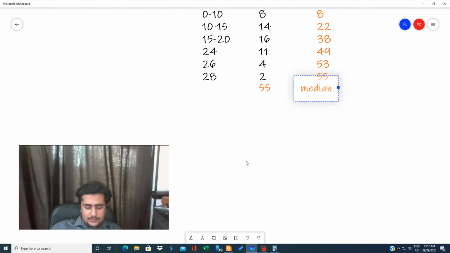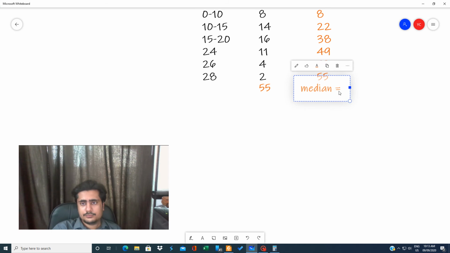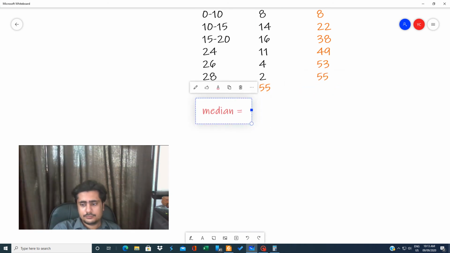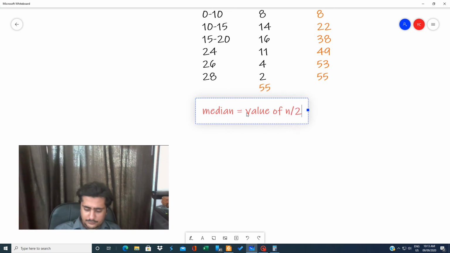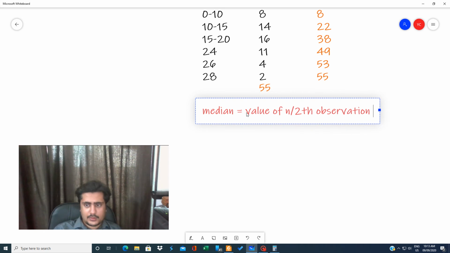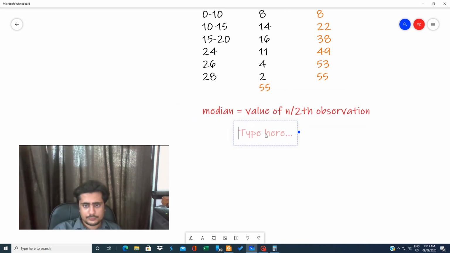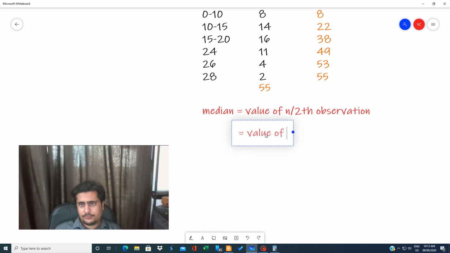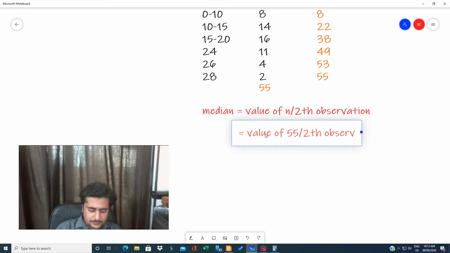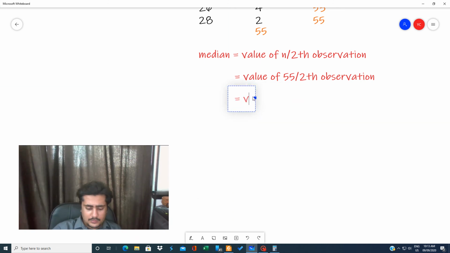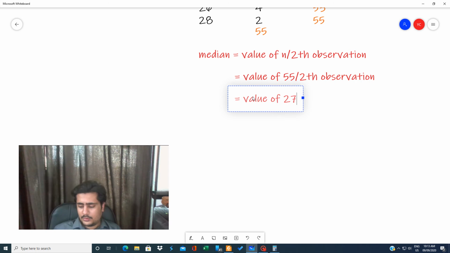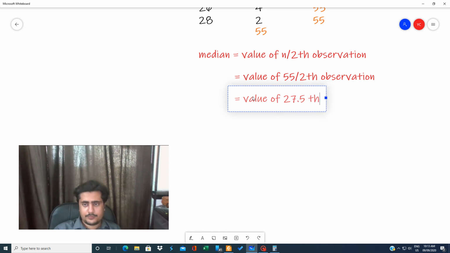Now let us find the median. Median is the value of the n by 2th observation, equal to the value of 55 by 2th observation, which is equal to the value of 27.5th observation.